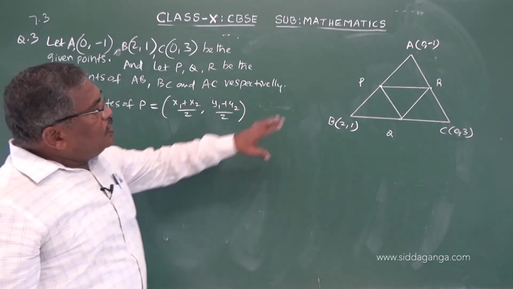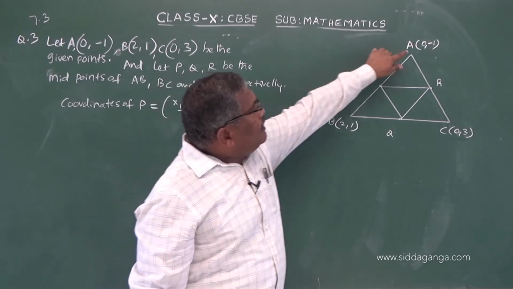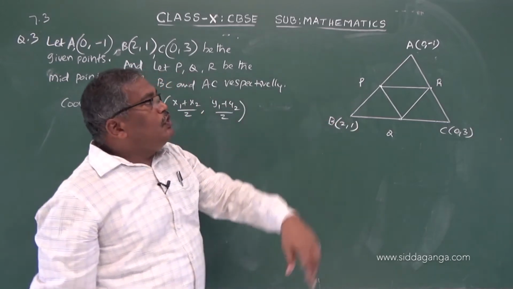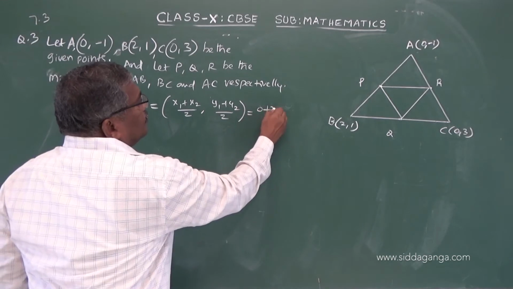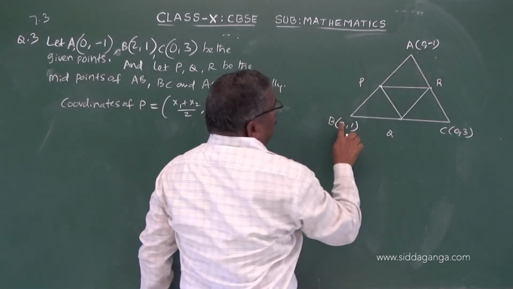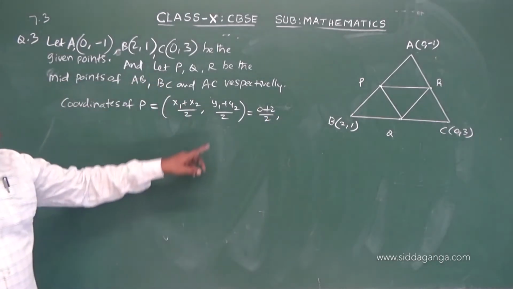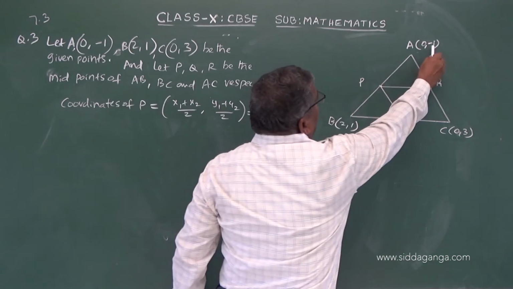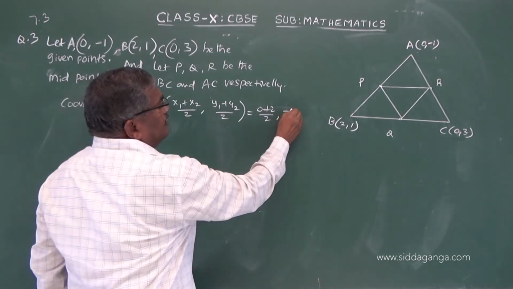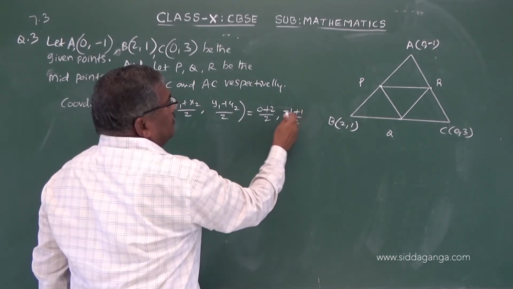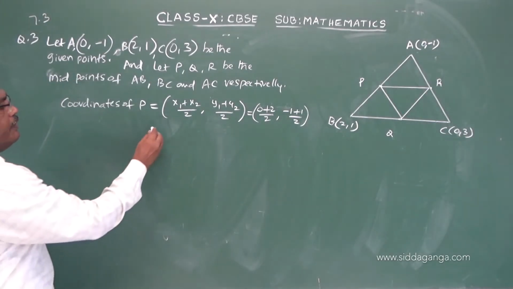So here, to find the midpoint of AB, this is x1, this is x2, 0 plus 2 divided by 2, comma, and y1 plus y2, minus 1 plus 1 divided by 2. So this is the coordinates of point P.